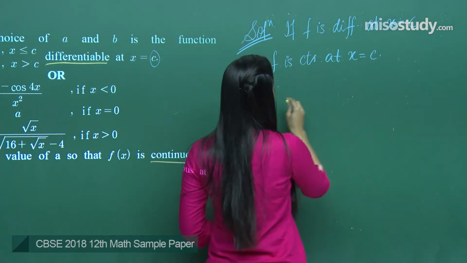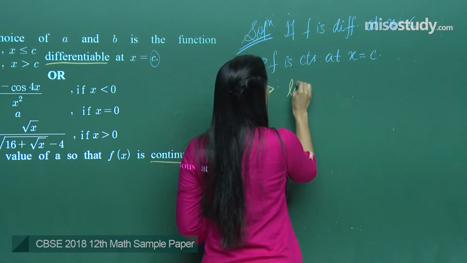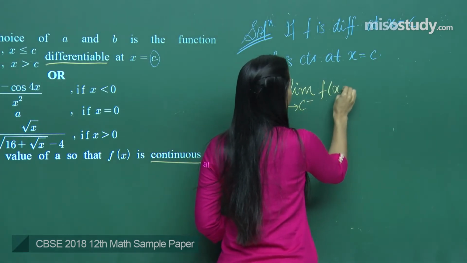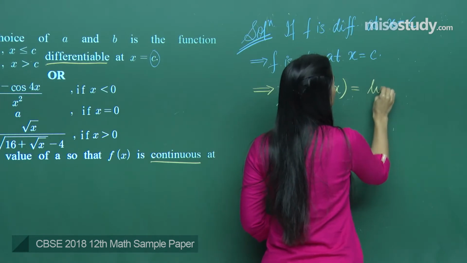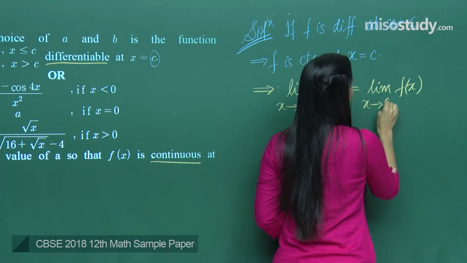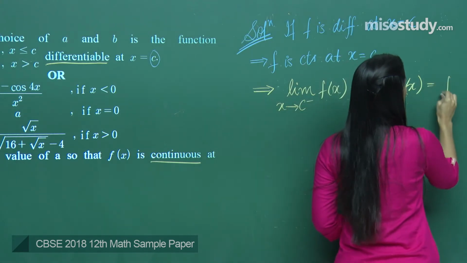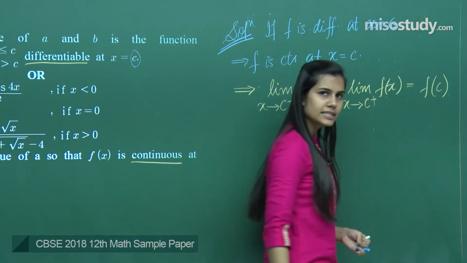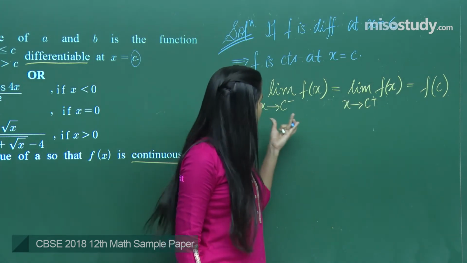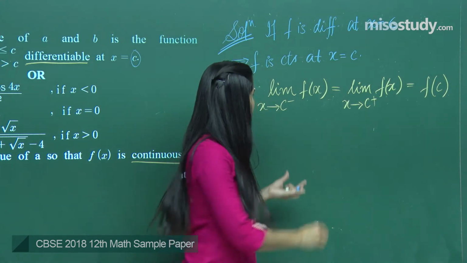So, if it is continuous at C, this implies left hand limit of f at C is equal to right hand limit of f at C is equal to value of the function at C. This is the condition of continuity.